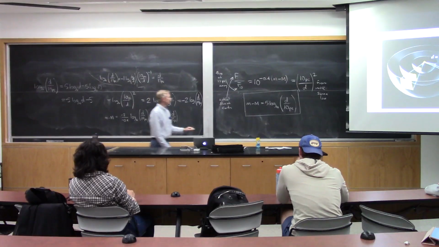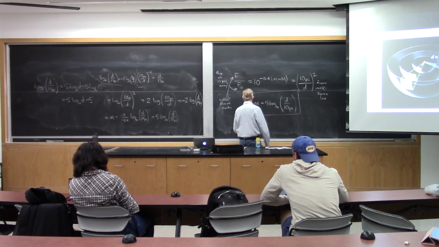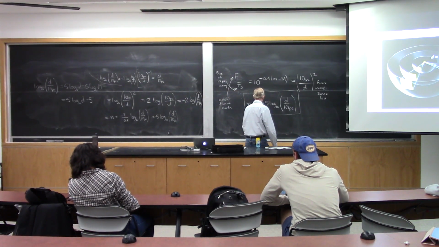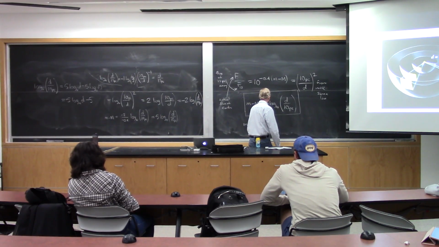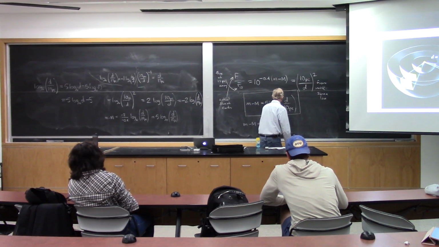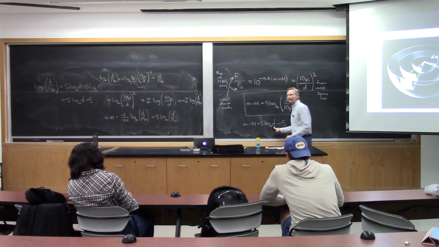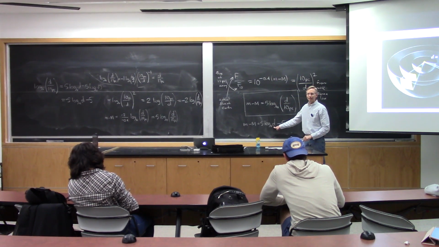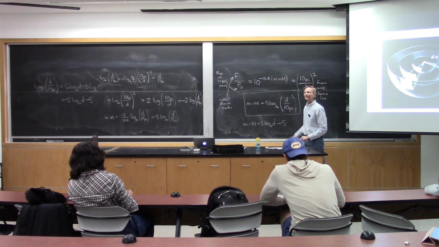And so you often also see this as little m minus big M is 5 times the base 10 logarithm of d minus 5, where it's understood that d is in what units? It's still parsecs, that's right.